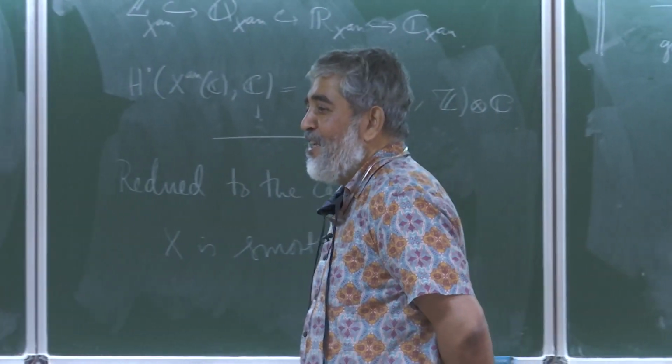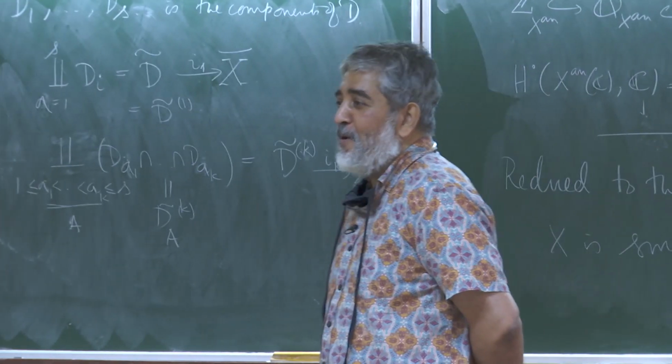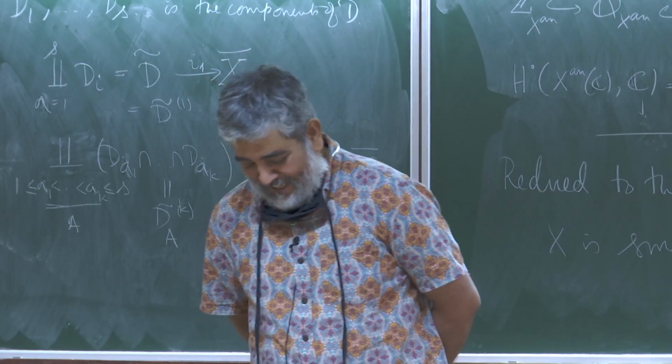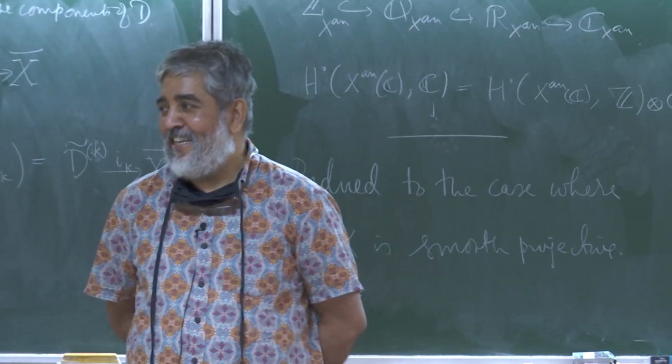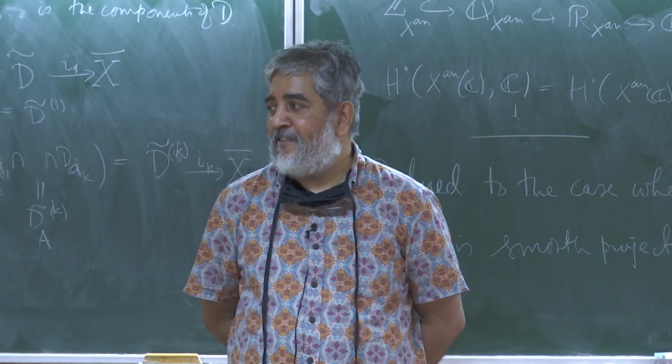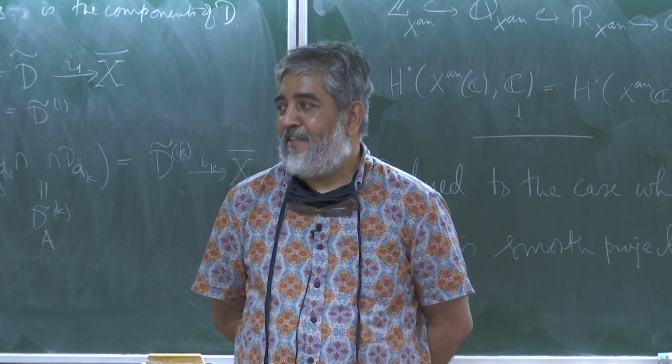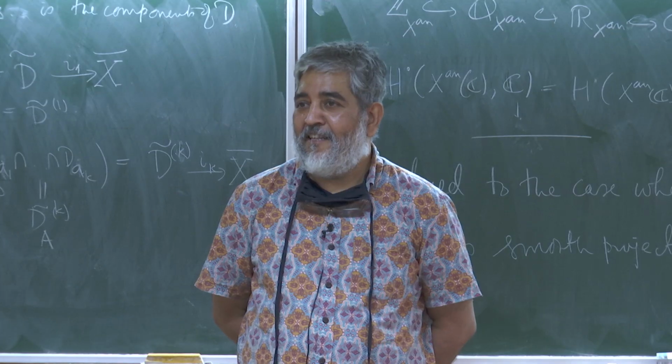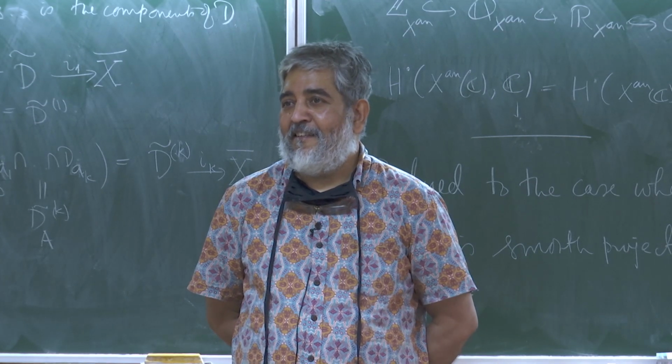I hope this paper has no mistake after that. It's called Characteristic Classes and Homogeneous Spaces 2. It appeared in the American Journal of Mathematics, 1959.